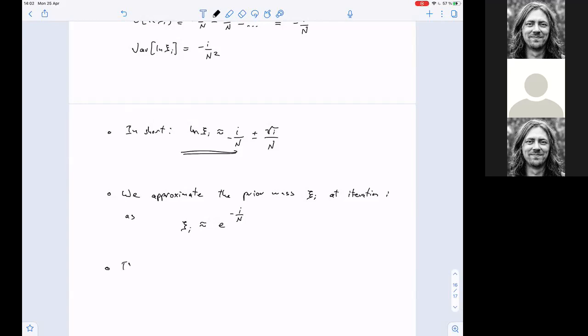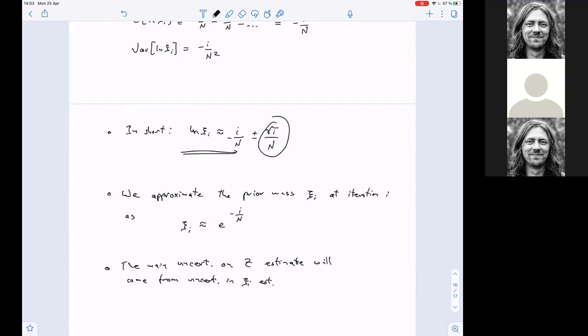And in the end, the main uncertainty on the evidence estimate will come from uncertainty in psi I estimates.